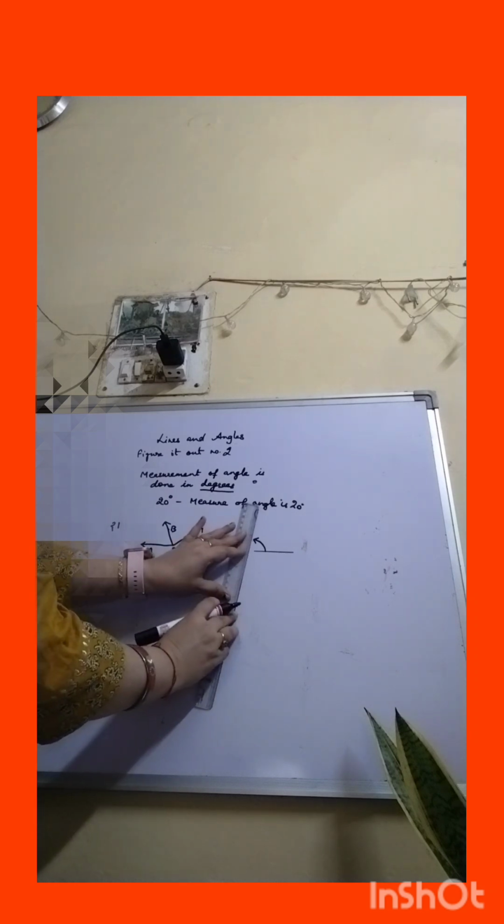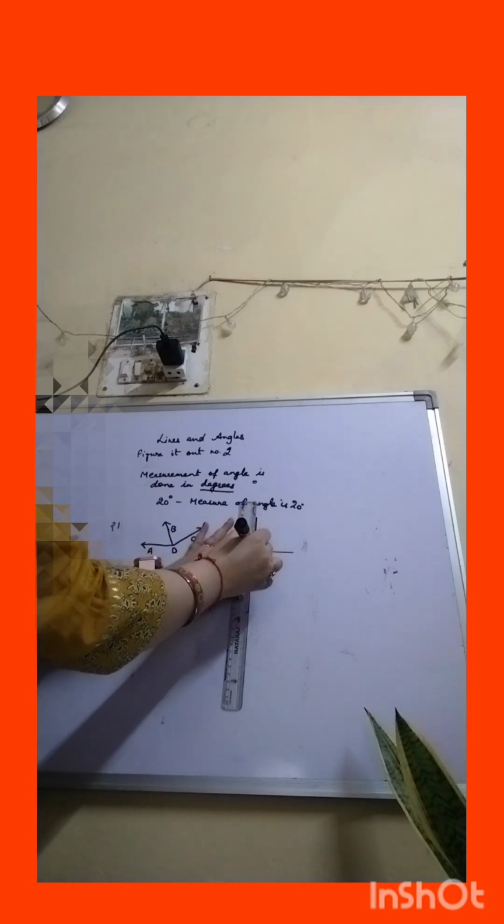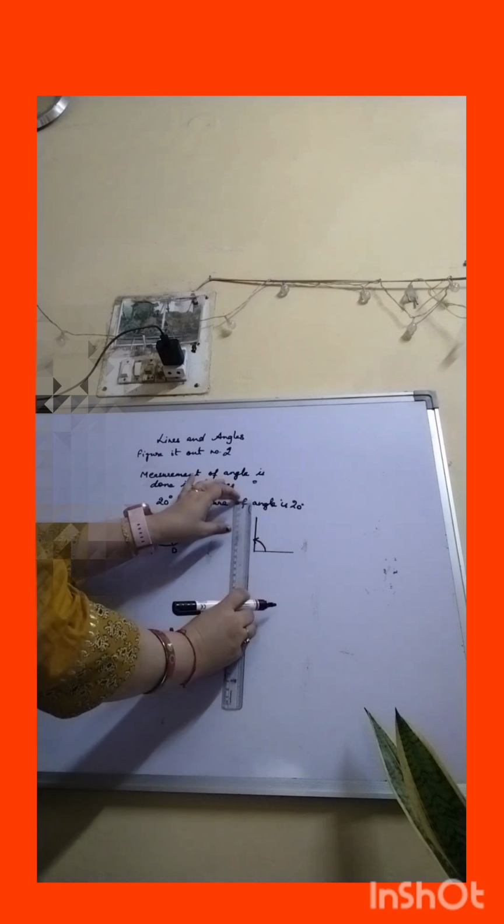Yesterday we understood how to measure an angle. You draw a ray and then you turn this ray by any amount, and the point where it reaches becomes an angle. Marking an angle is done with this arc. So let's mark it here also.